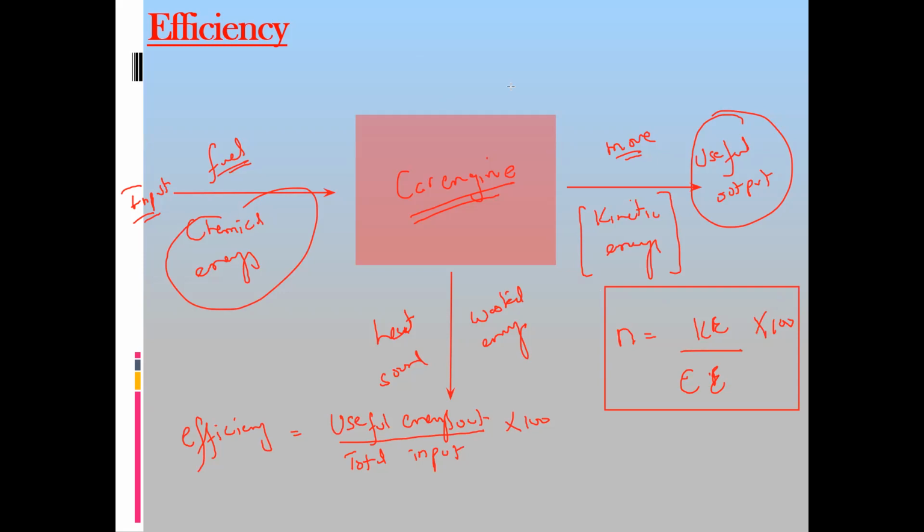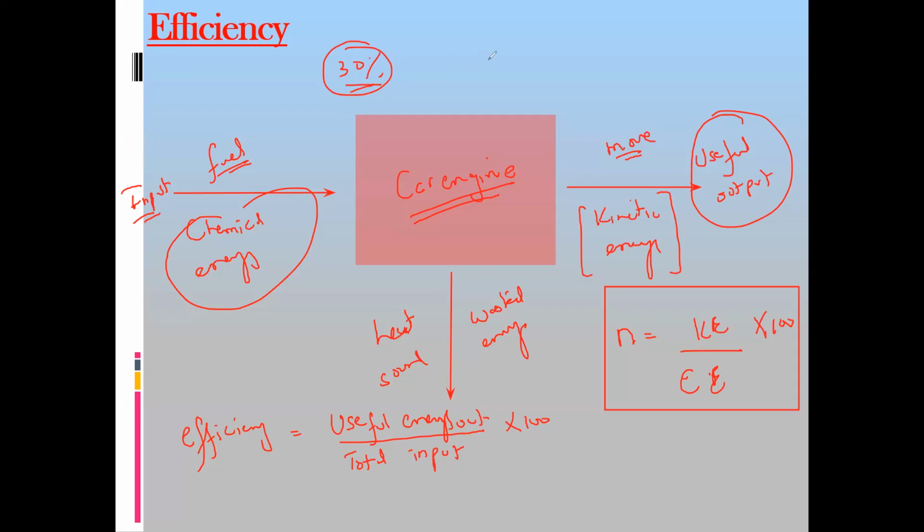Is the concept of efficiency clear? It is a comparison between what proportion of the total energy is converted into useful energy, and it is always in percentage. So you will find, like, efficiency 30%. What is the meaning of efficiency 30%? It means 30% of the total energy is the useful one and the remaining 70% is wasted.